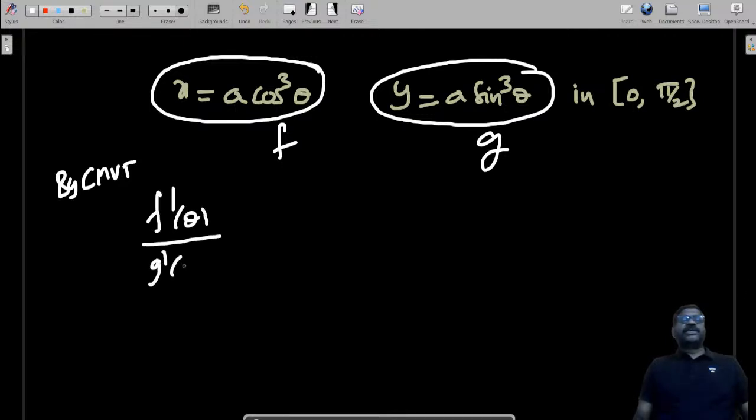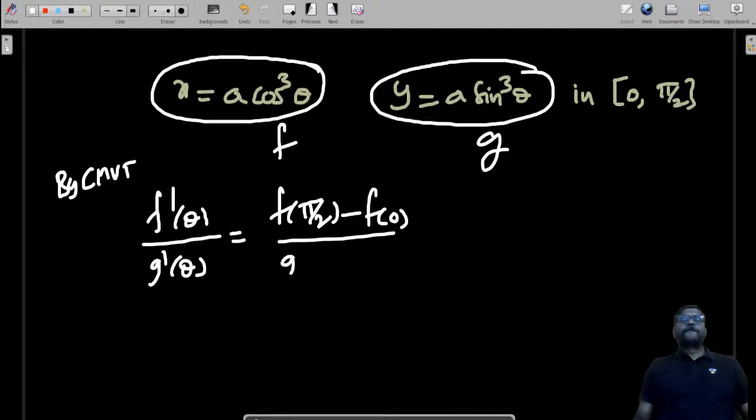F dash theta by G dash theta equal to F of pi by 2 minus F of 0 by G of pi by 2 minus G of 0.